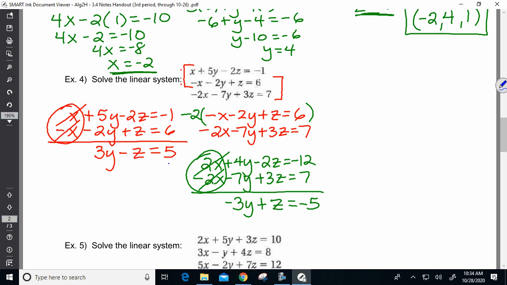So we now have two new equations. 3y minus z equals 5. Negative 3y plus z equals negative 5. Let me pause for a second. Any questions before we continue?